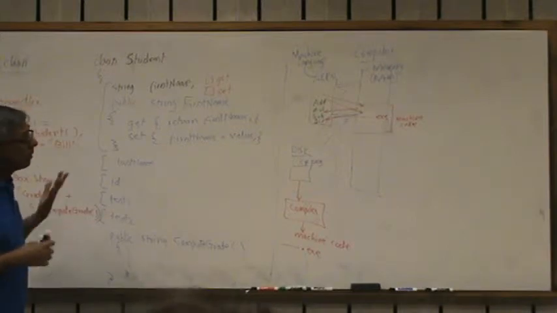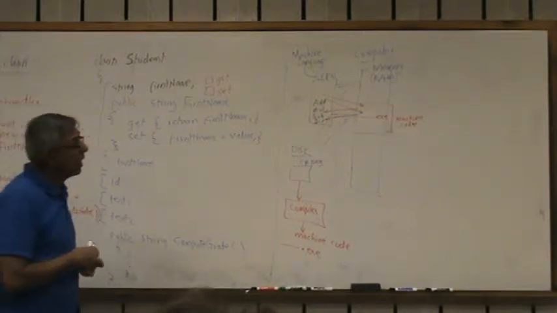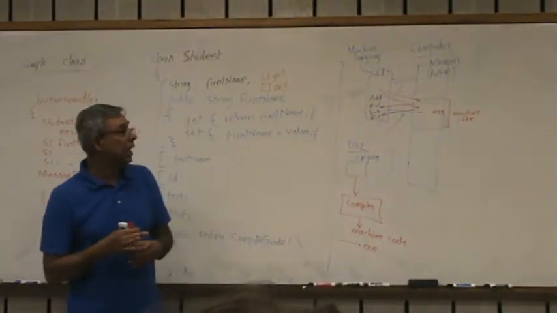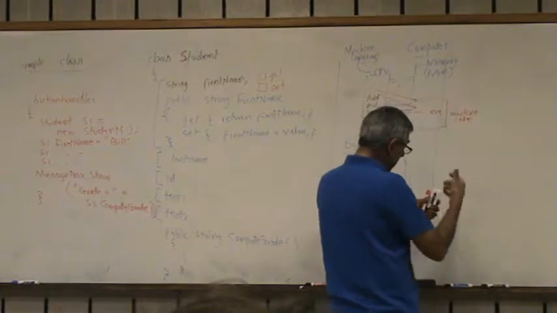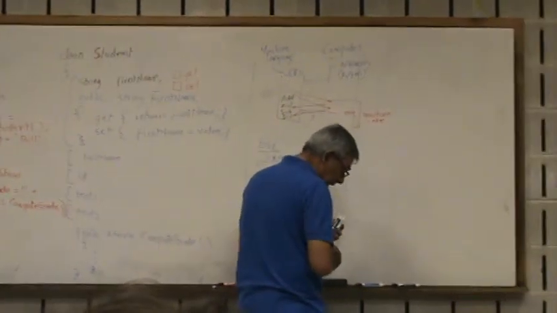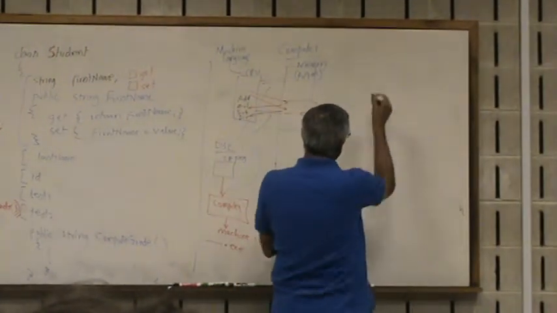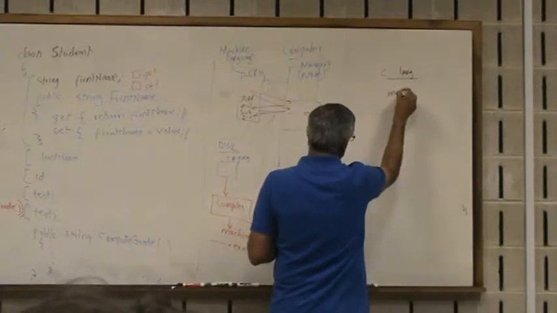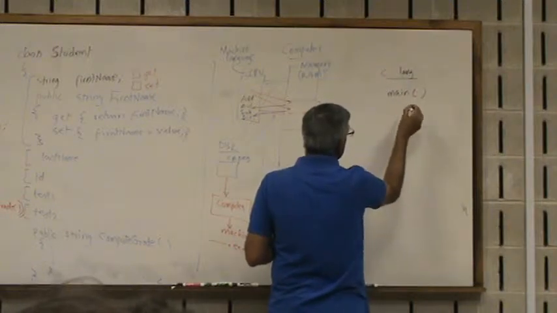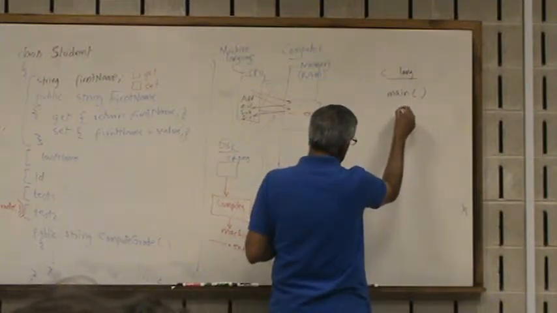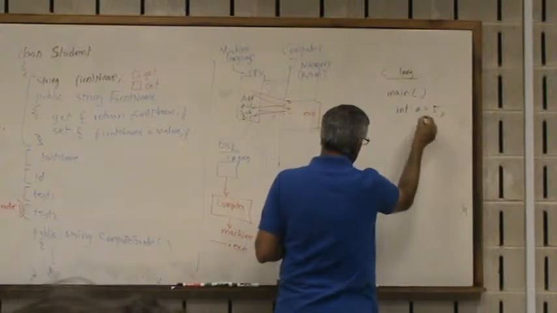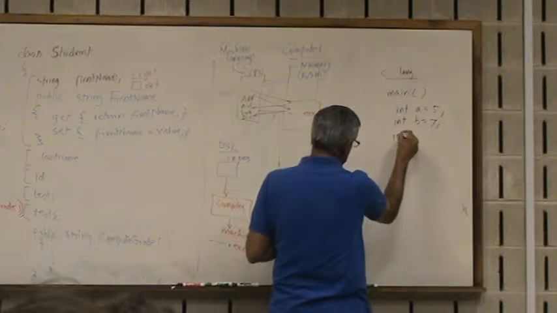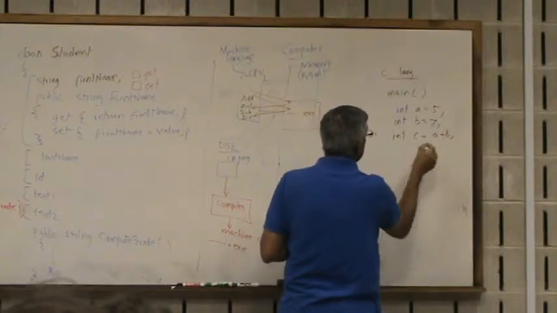The other thing to understand is, as we are running this program, it will need additional memory. For example, let's forget C# for a second and go to the plain old C language. Suppose in C you wrote a main where you said int a = 5, int b = 7, int c = a + b.